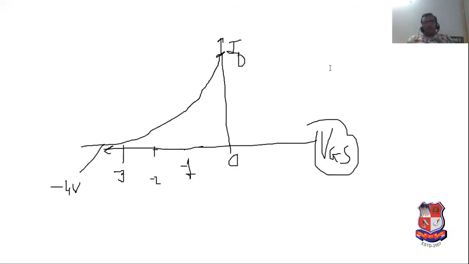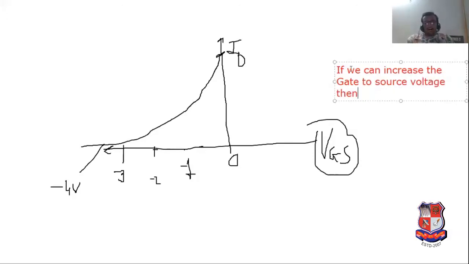If we increase the gate to source voltage, then drain current is decreased and reduced to 0.